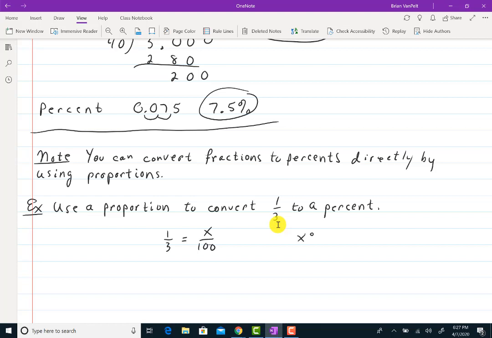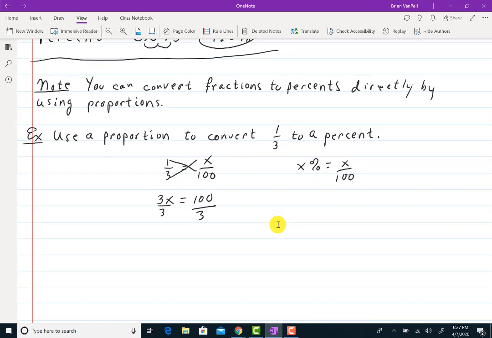Remember, x% equals x over 100. So if I want to figure out what percent 1/3 is, I simply write an equation like this. And then I'm going to cross multiply as normal. 3x equals 100. And then I'll divide by 3. And your answer is literally 100 over 3%.